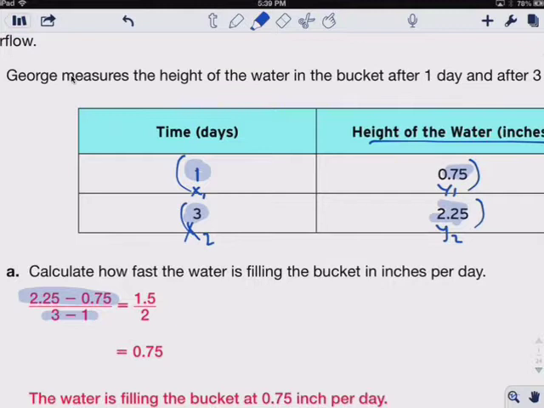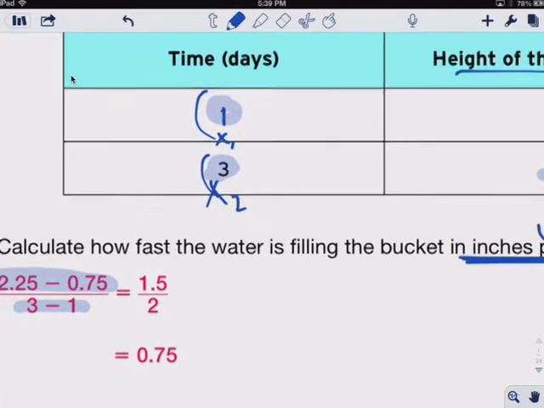Because it says calculate how fast the water is filling the bucket in inches per day, that means 1 day. They want the unit rate, not a rate. So we get the rate of change is 1.5 over 2.